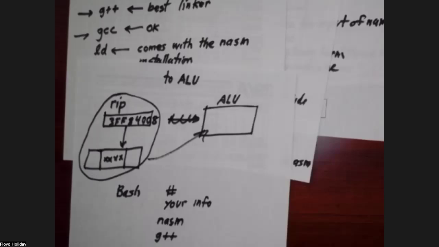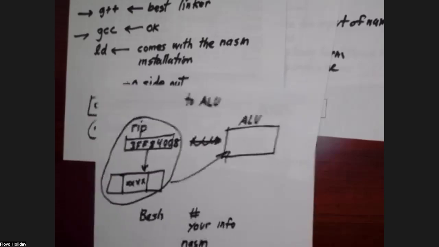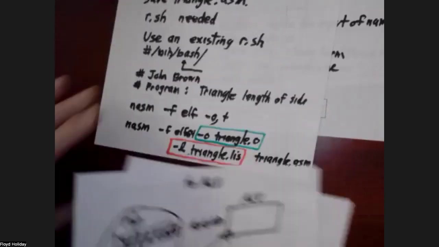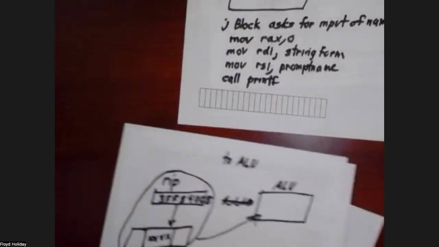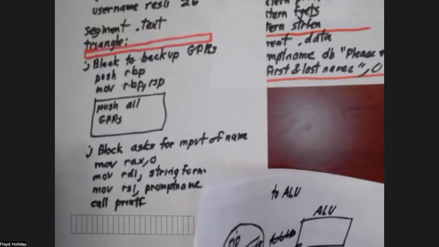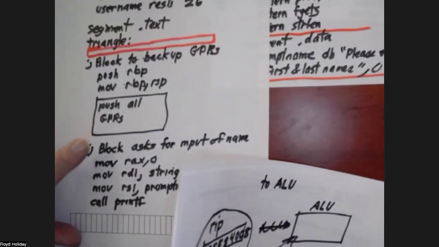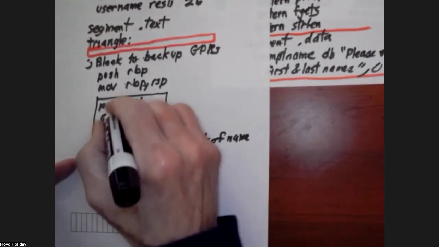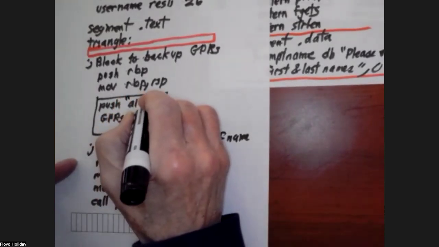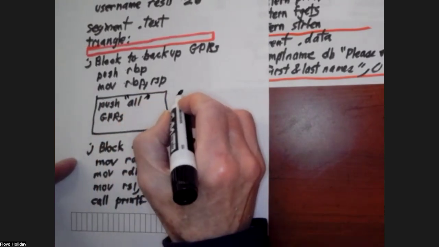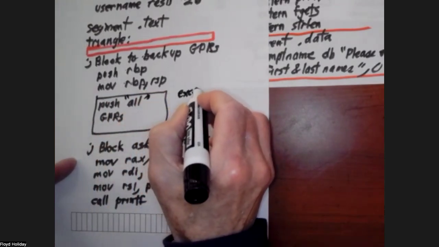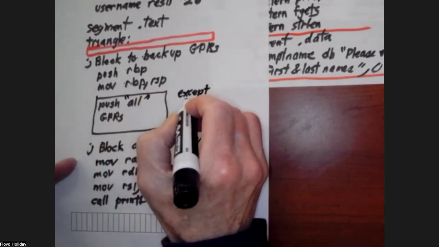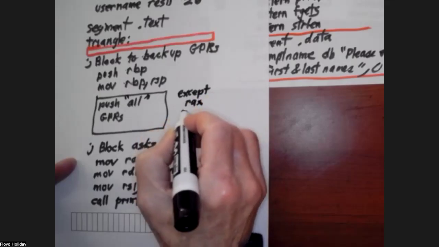You also push RAX. That's apparently in relation to the backup. No, you don't push RAX. There are three of them that you don't push, where I wrote here, push all the GPRs. Well, it's not quite all, except RAX, we leave it out.